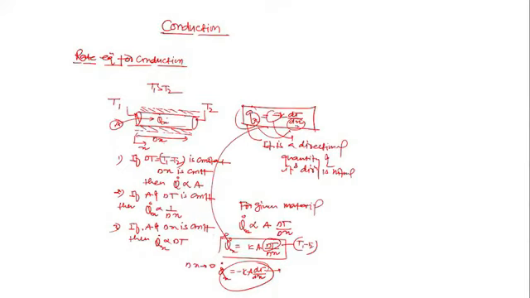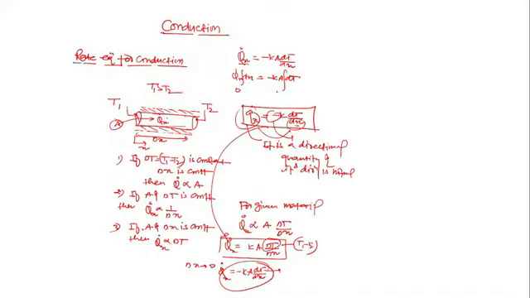If the heat flux is not a function of x, Mr. Prajot, qx is equal to minus kA into dT upon dx. That I had written last lecture. If area is not a function of x, then Q dot x into dx is equal to minus kA into dT.